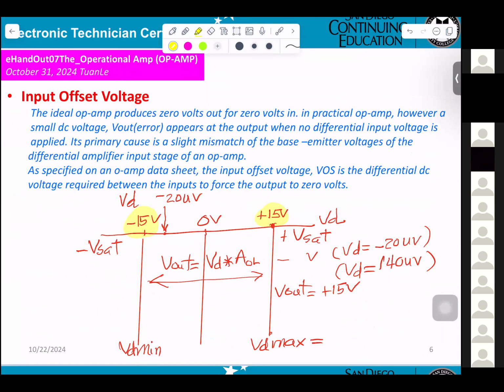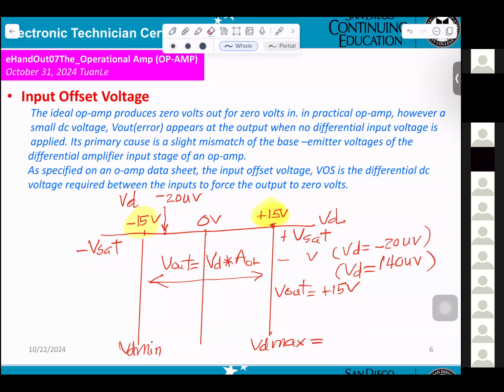Okay, so basically, if we're talking about VD, if VD and V are higher than 15, the op-amp is saturated. Okay?